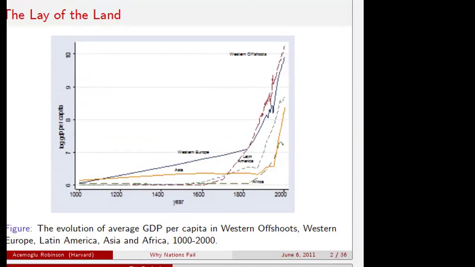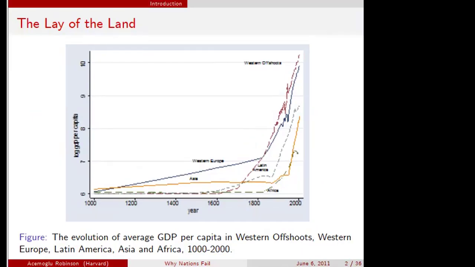This is the most important graph of this book. We started off with this graph, and this chart showed GDP per capita from the year 1000 to 2000, and for almost 800 years, everybody was roughly at the same level, they did not have good GDP, and hence we can say that they were poor.